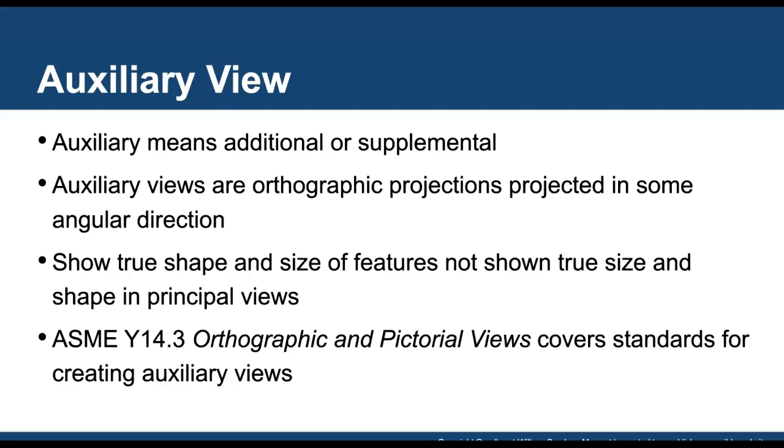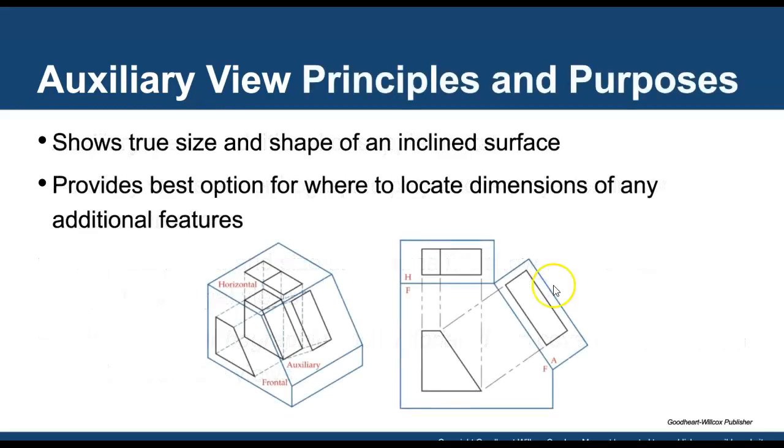So oftentimes, with some angled views or inclined views, even oblique views, we cannot really see true size or true shape because we're not looking directly at it. So auxiliary views are also useful for helping us to see a flat surface where we can see true size and true shape. The ASME Y14.3 standard covers this as well.